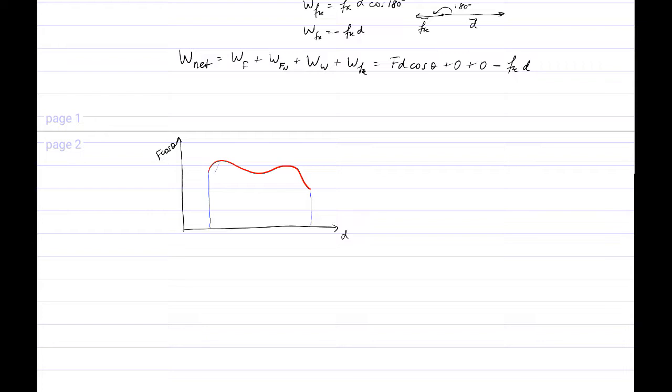So the area under the curve here is work. So work is area under the curve. The graph will have to be of force versus displacement.